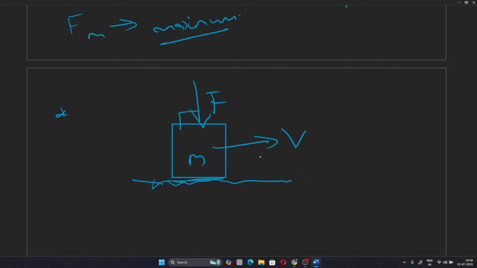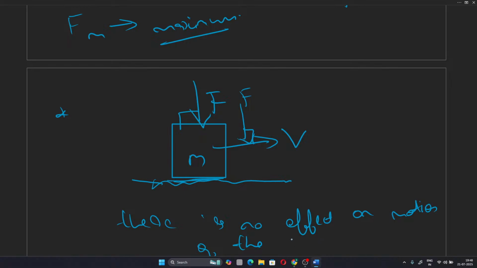The box is moving in this direction, and if we apply a force perpendicular to the velocity, then no work is done, there is no effect on the motion of the box. That is in a very ideal world.